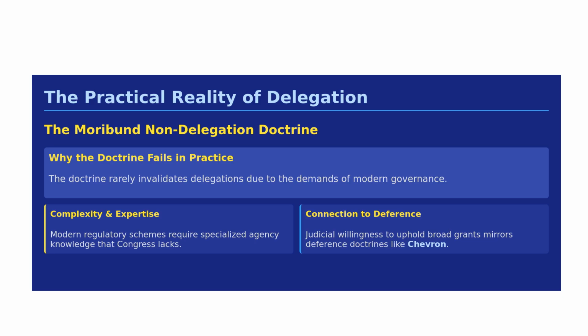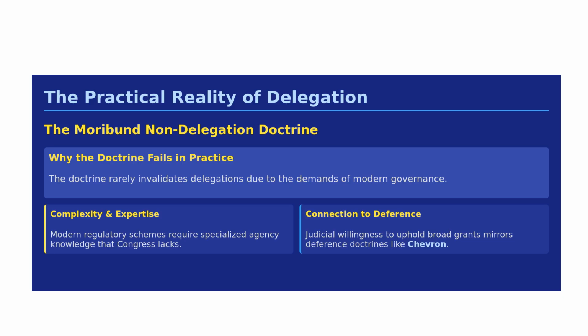Because the sheer complexity of modern regulatory schemes, covering everything from environmental standards to financial markets, demands specialized knowledge. Congress simply cannot write detailed rules for every contingency. Therefore, statutes must necessarily grant broad authority to expert agencies to fill in the technical details.